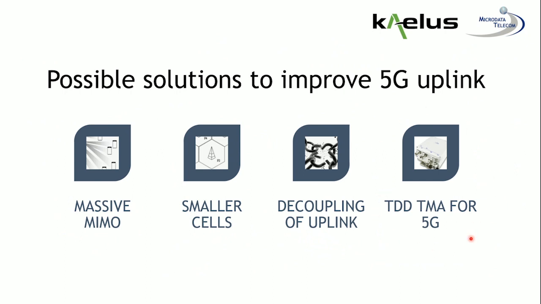And especially if you look at TDD, in TDD, any degradation of the uplink will have to be compensated for by using more time for the uplink. That time is removed from the potential downlink time, which means that uplink now in a one-to-one fashion affects the performance in downlink.